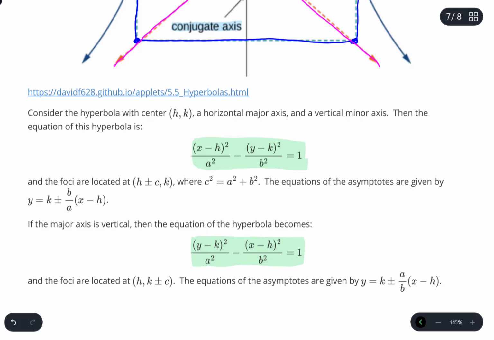Now, one thing to note is that a squared is always under the first term. So a squared is under the first term.